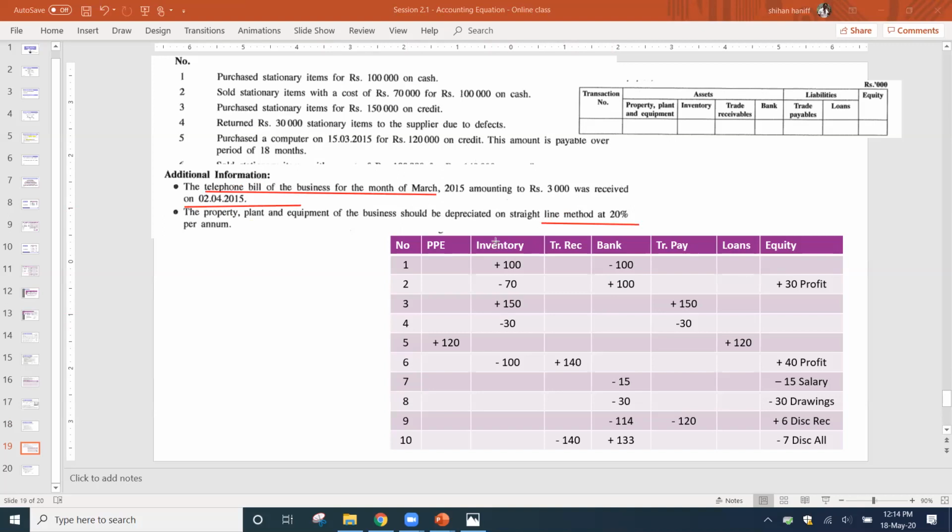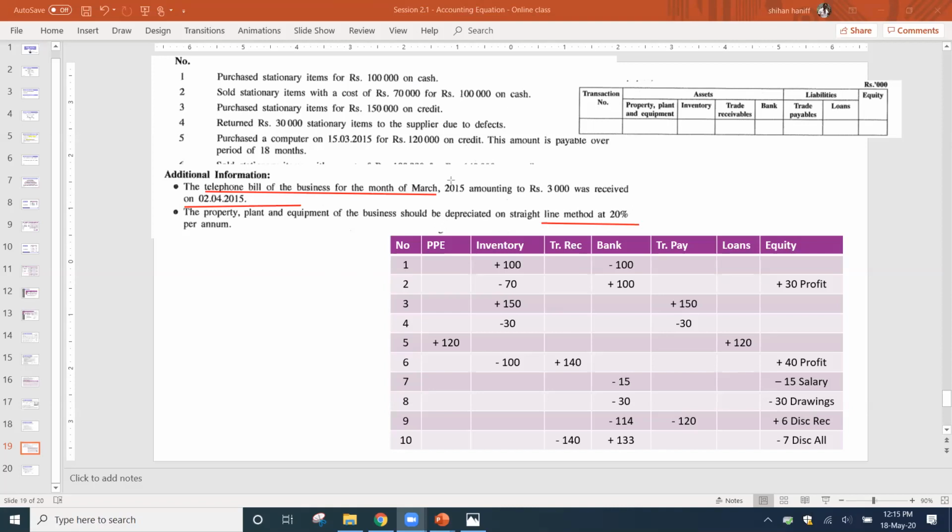So these were not asked to do in this table. They are asking to do that when calculating the profit in the income statement. In the other chapter I will explain the correct income statement format, but here I'll just show you how we prepare the income statement.